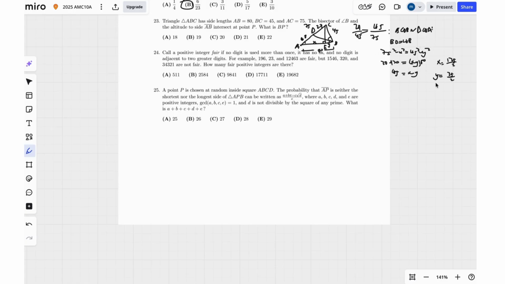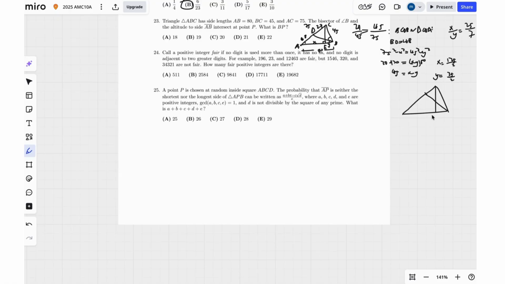Now we can use a cool trick called mass points, which is basically assigning masses to find ratios of side lengths. This is a concept that probably originated from physics because it has the idea of balancing. So we notice that X over Y can be simplified to 25 over 7.